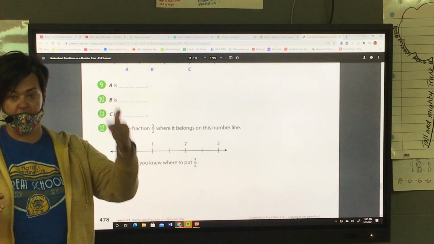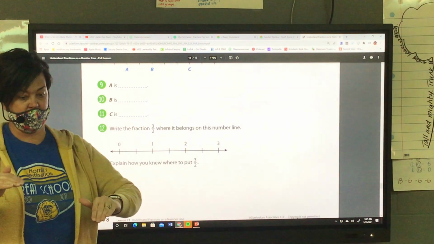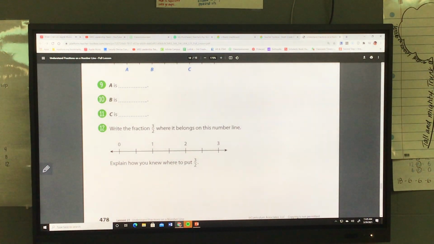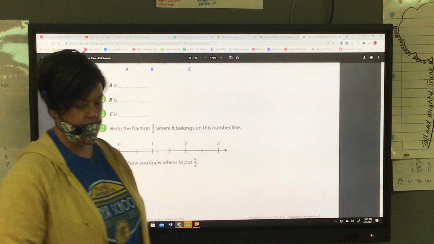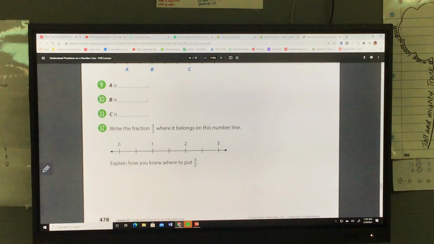So then count across 3 halves. Where are you going to label 3 halves on there? And then tell how you knew down at the bottom after you have that labeled. How did you know where you needed to label it?